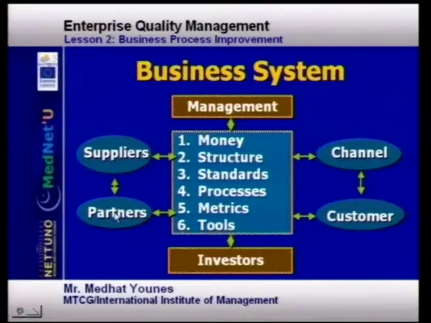The business system. So now that we understand the business life cycle, let's learn more about the business system. The main actors in a business system are investors, management and staff, suppliers, partners, channel or resellers, and customers.